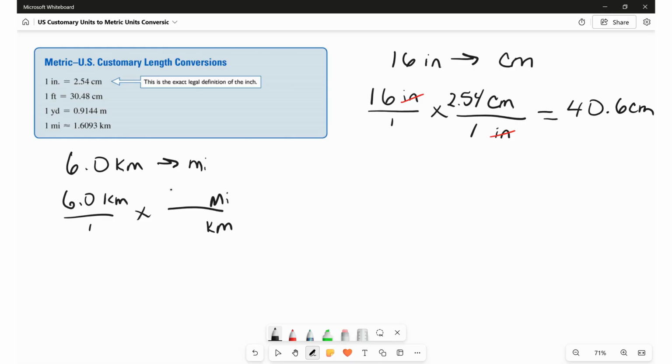We know that 1 mile is approximately 1.6093 kilometers. This is going to cancel out these units, and it'll end up being 6 divided by 1.6093. We get 3.7 miles.